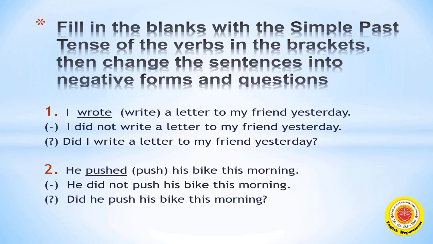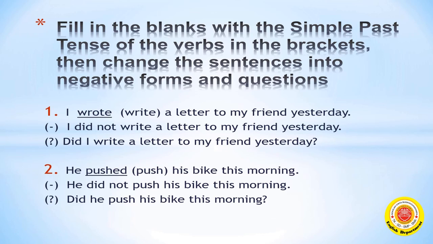Nah, di sini juga sama seperti tadi. Ya, hanya bentuk positif. Tetapi, disuruh mengubah kalimat menjadi kalimat negatif dan kalimat interrogatifnya juga. Contohnya, number 1. I blank write a letter to my friend yesterday. Nah, ini subject plus verb 2.